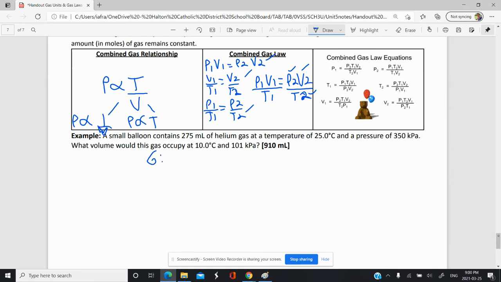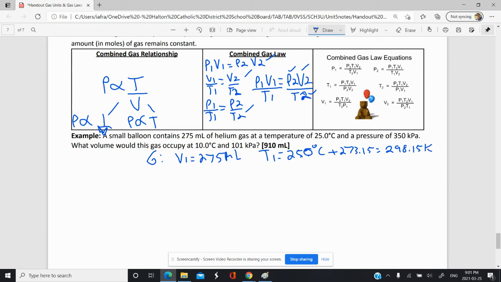We have a small balloon that has a volume initially of 275 milliliters. So that's my initial volume there, at a temperature of 25.0 degrees Celsius, which is plus 273.15, 298.15 Kelvin.